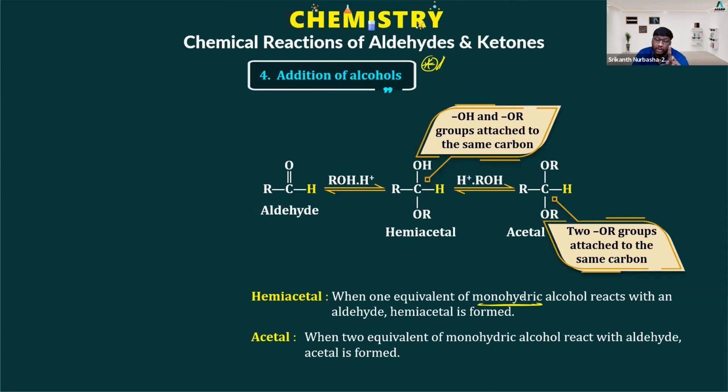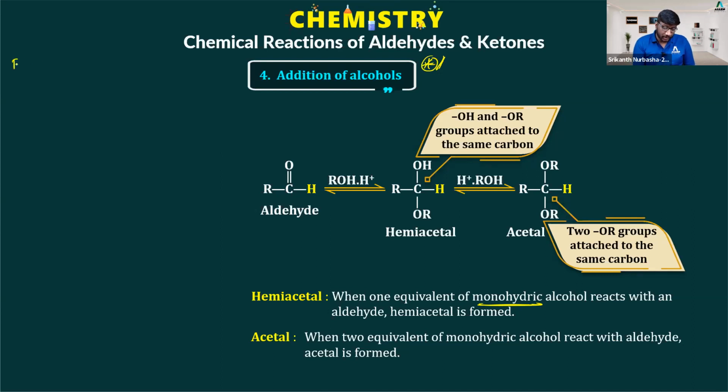It should be monohydric, not dihydric. In a dihydric alcohol, we have two OH groups, and both of them can react to form cyclic acetals. When one equivalent of monohydric alcohol reacts with an aldehyde, hemiacetal is formed. Acetal is formed when two equivalents of monohydric alcohol react with the aldehyde.